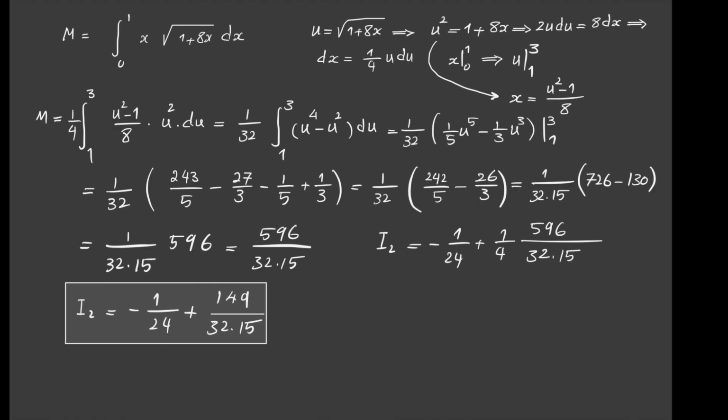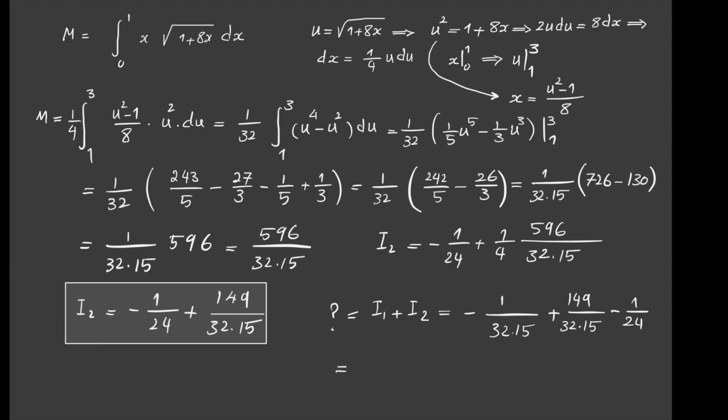Okay, so what I do, the whole question mark is I1 plus I2. I1 is minus 1 over 32 times 15 as I have it on the previous page. And then I2, let me write the second fraction first. Yes, and then minus 1 over 24.